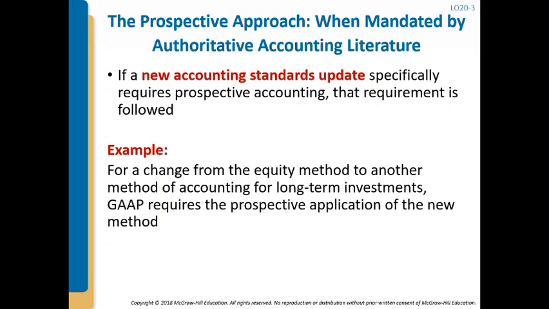Now, usually when there's a new accounting standards update, FASB only requires that you use the prospective approach. It makes sense that they would do that because they're the ones requiring the change. It's not voluntary, it's involuntary.